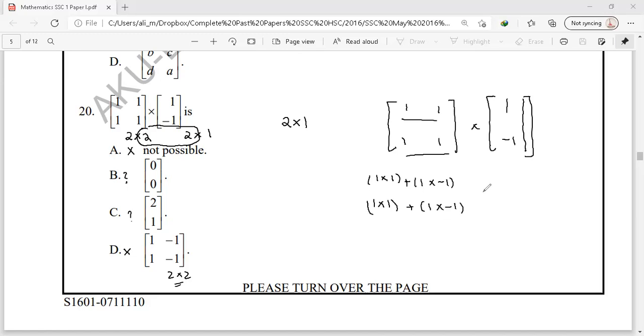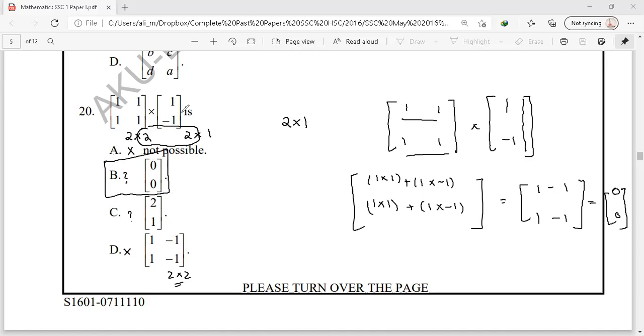Solving, 1 into 1 is 1, 1 into minus 1 is minus 1, so 1 minus 1 is 0, and again 1 minus 1 is 0. So the correct option is option B, in which we have our null matrix.